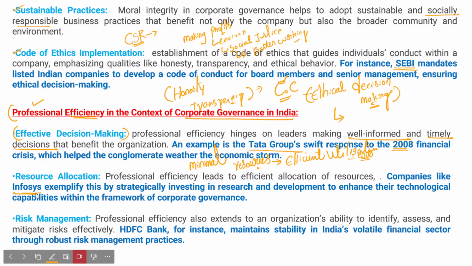Infosys actually invests heavy amounts of money in research and development. So when they are investing in research and development, there is a possibility that they could develop their technological capabilities over a period of time.